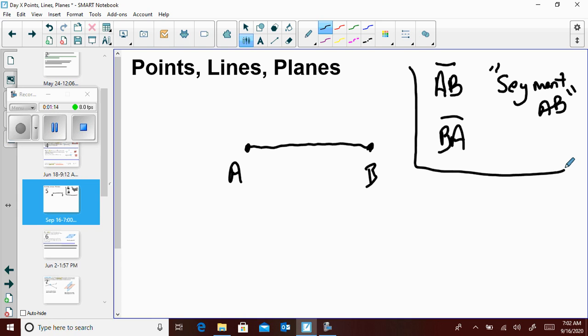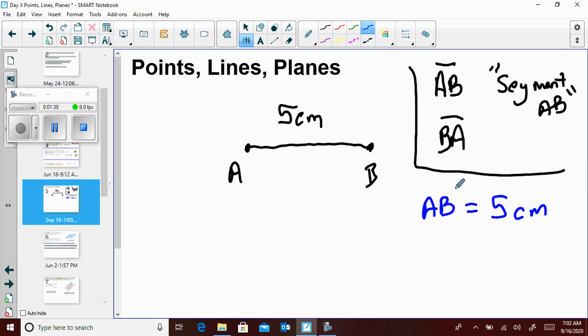If a segment has a beginning and an end point, you can measure it. You can take a ruler and measure this. Let's say this was 5 centimeters. We would say AB, the length of AB equals 5 centimeters.